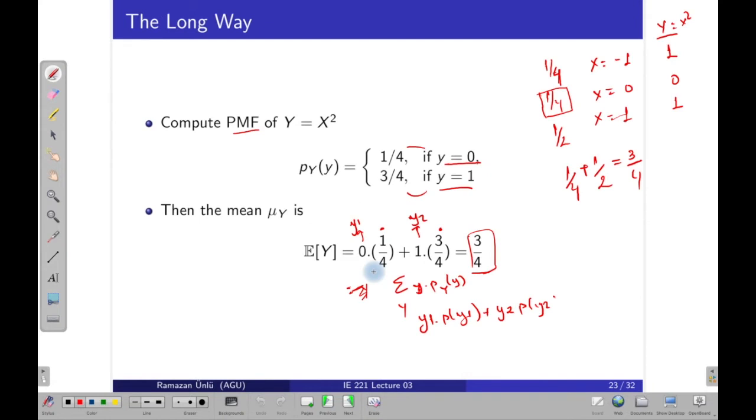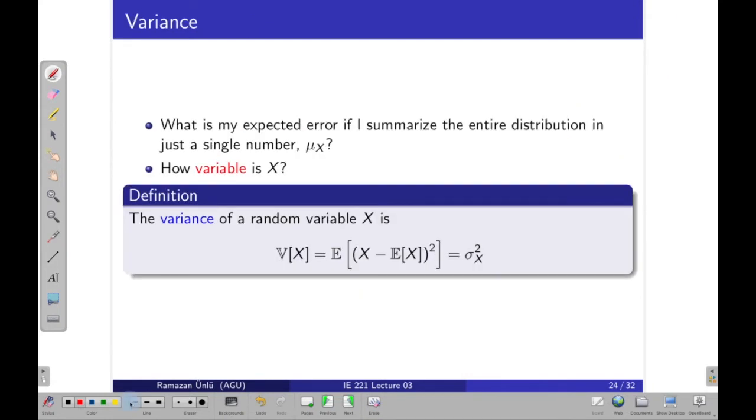Whatever you like. Okay, another term we will cover is the variance. So if I ask you what is my expected error if I summarize the entire distribution in just a single number, and how it is related to the mu of x. So this is a mean, if you remember.